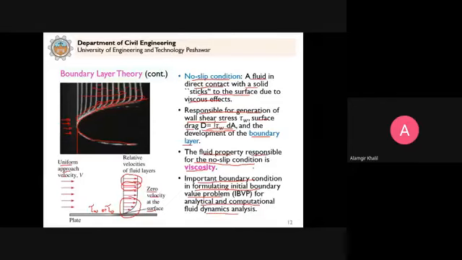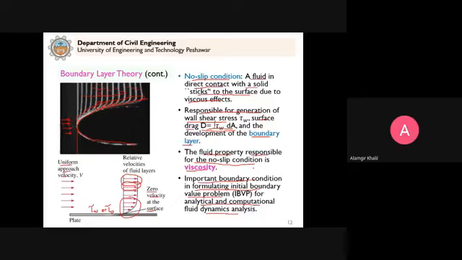As I said earlier, maybe in the pipe flows chapter, a new field in fluid mechanics has emerged, which is known as CFD, computational fluid dynamics, where we are using analytical techniques to solve complex fluid flow problems due to the high-speed computers that are available to us. So this field is known as computational fluid dynamics.